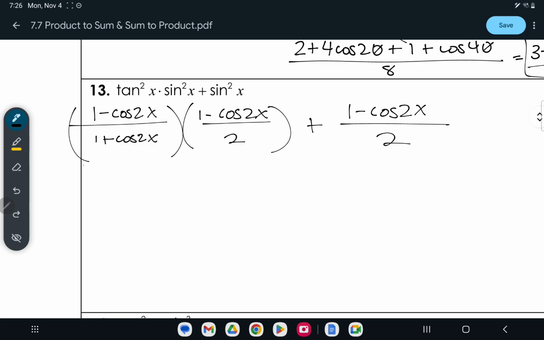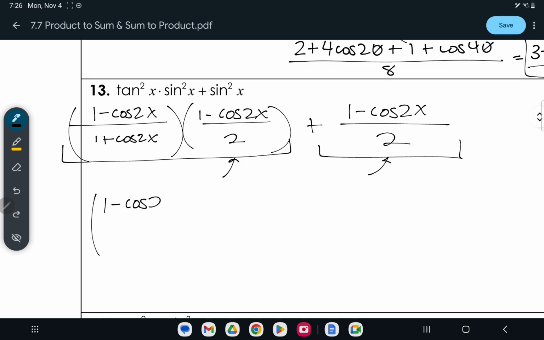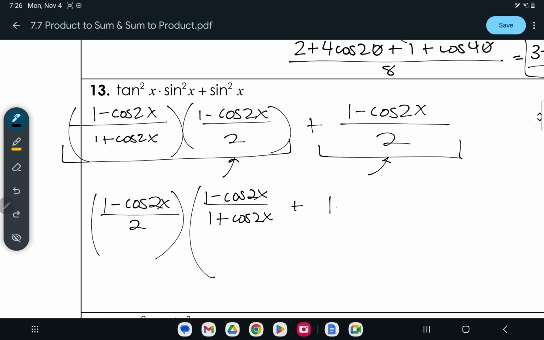Okay, so what I'm going to do is, that's one term, that's one term. Both of them have this. So I'm going to factor it out. And I'm left with 1 minus cosine 2x over 1 plus cosine 2x plus 1.